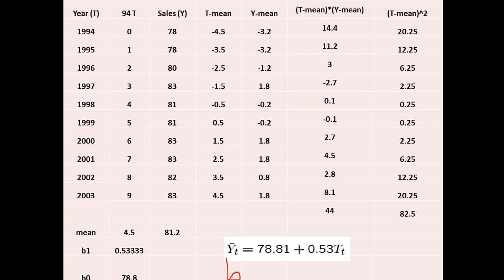B naught equals y bar minus B1 times t bar, which is equal to 81.2 minus 0.53 multiplied by t bar, which is 4.5.